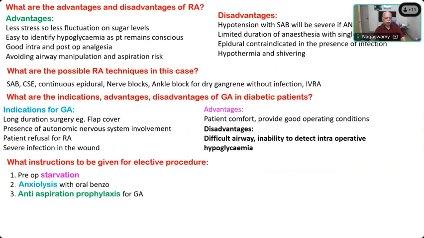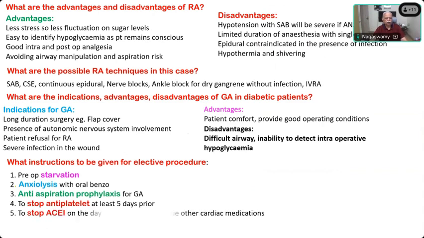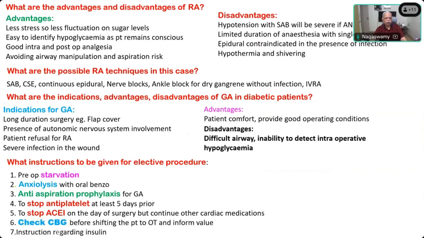Anti-aspiration prophylaxis if you are planning for GA. Stop antiplatelets if they are taking it 5 days prior to surgery. Stop ACE inhibitors. Check CBG before shifting to OT and inform the value. Instructions regarding insulin management, so how to adjust the dose and how to change from one insulin to another, are all the important things that you should know.